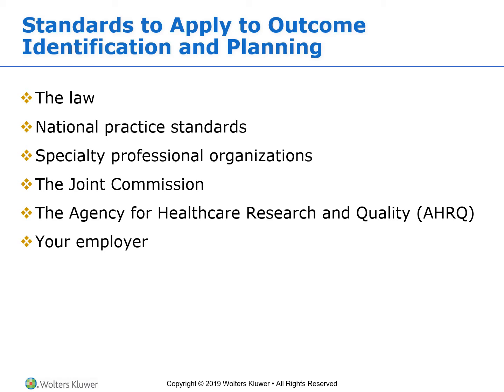Specialty professional organizations such as the American Association of Critical Care Nurses or Emergency Nurses Association help develop standards for certain specialty practices. The Joint Commission is a powerful accrediting body that has developed detailed standards that must be followed to keep accreditation. And again, the Joint Commission doesn't accredit every facility out there. There are different commissions that accredit different types of care out there.